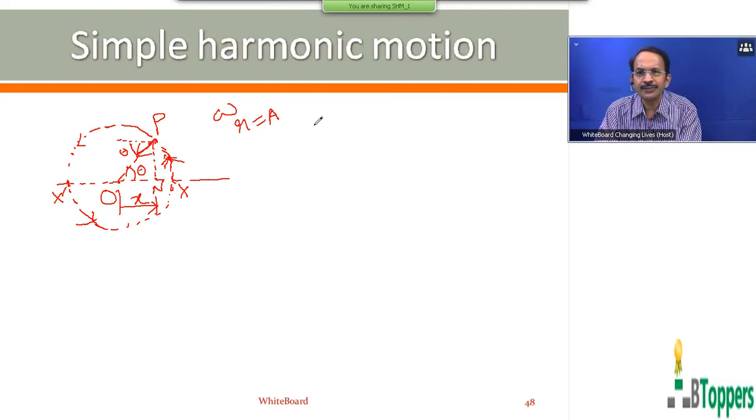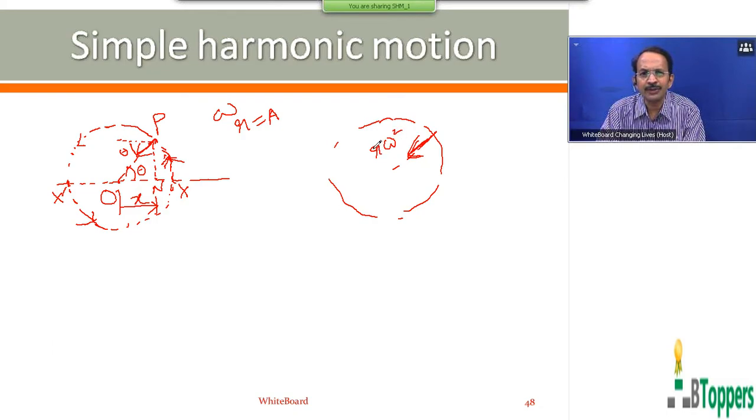The instantaneous acceleration for a particle in uniform circular motion will be directed along the radius of the circular path and towards the center of the circular path, as I discussed in general circular motion, which has a magnitude r omega square. Here instead of r, you can write A, so omega square into A. So we'll find the component of this acceleration parallel to one of the diameters of the circle.